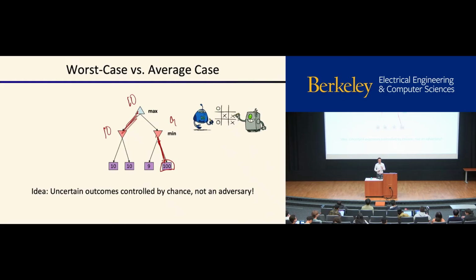Yes? Does pruning eliminate uncertain outcomes? Well, so pruning and uncertainty kind of don't play that nice with each other. Pruning is more about, yeah, I guess in some sense you haven't expanded that side of the tree, so you're not sure. It's a bit of uncertainty about what that side of the tree contains.